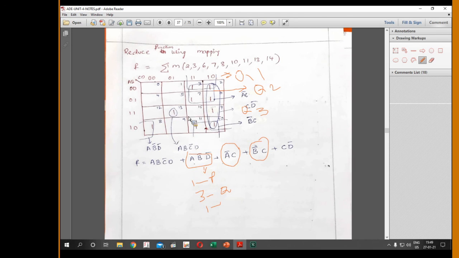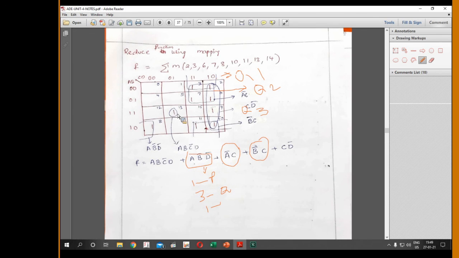So we check the already covered minterms also: 2, 3, 7, 6, 14, 10, 11, 8. So 13 and 8 are minterms, but these two are arranged diagonally. If two are arranged diagonally, they cannot be paired since there is no adjacency. One variable difference it doesn't have, so we could not form a diagonal pairing.